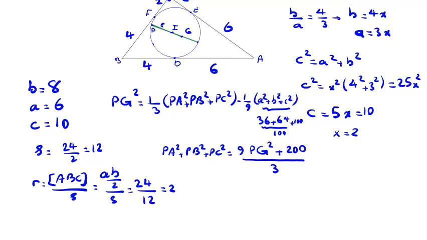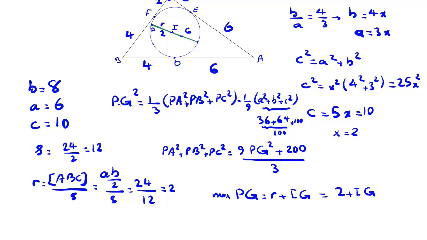It's 2. So r here equals 2. And now we want to maximize, P is this point. And PG is PI, the inradius, plus IG. So maximum PG equals 2 plus IG. So we should find IG.